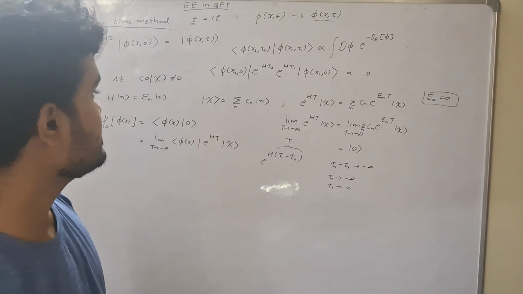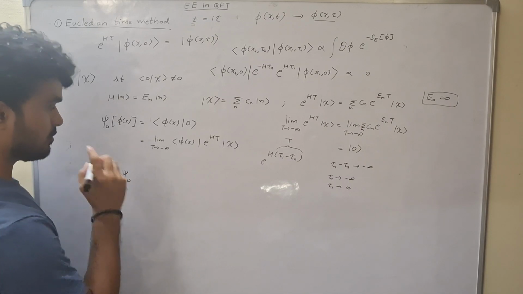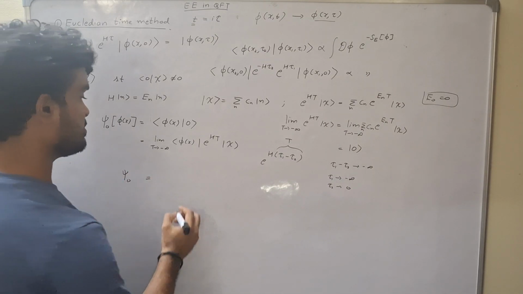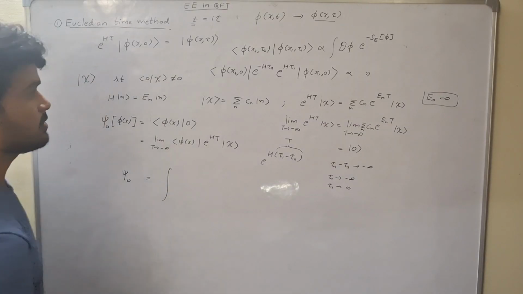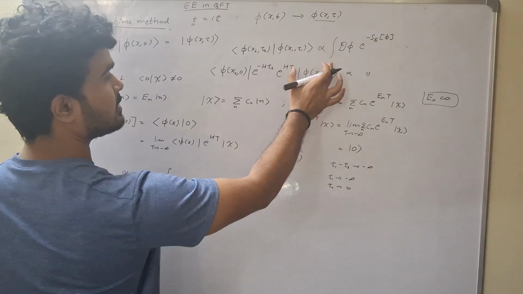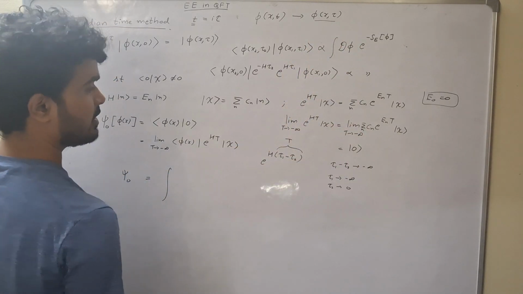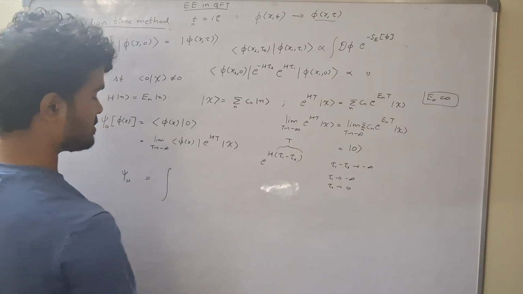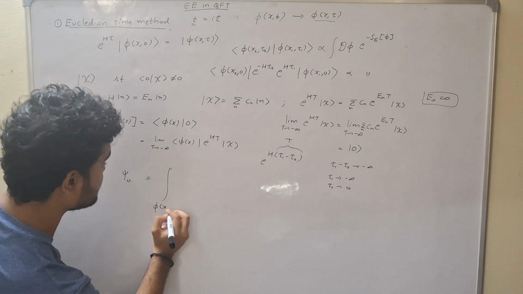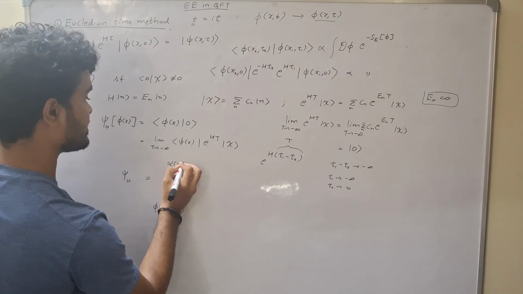What does this imply? The ground state wave function psi 0 in terms of path integral can be written as an integral. This integral has limits from phi of x1, tau 1 to phi of x2, tau 2. Since tau 1 is at minus infinity, the lower limit is phi of x1 comma minus infinity, up to some alpha of x.